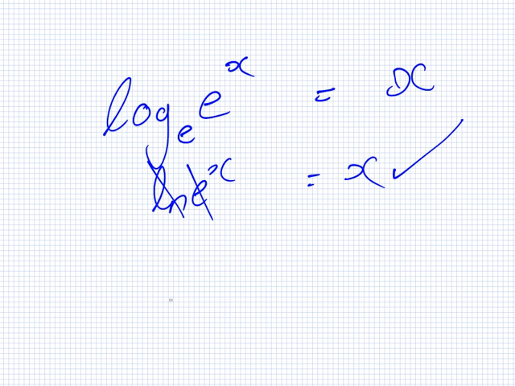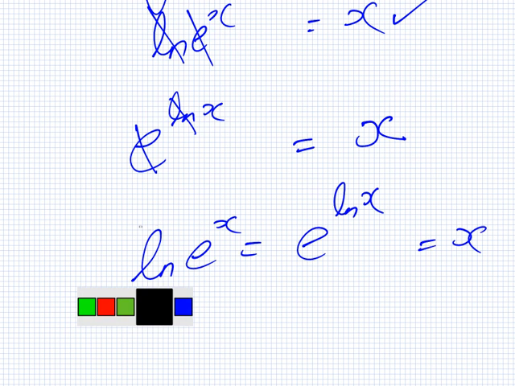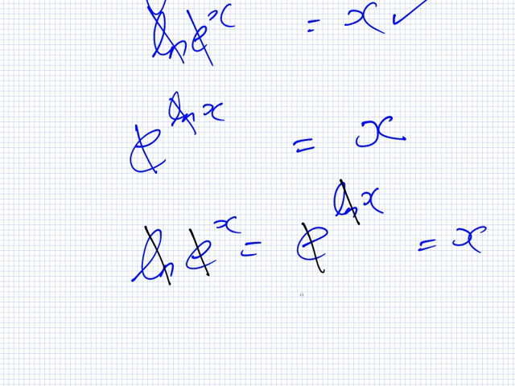And you can also write it the other way as well. You can write e^(log x). What will that equal? Again, that will also equal x, because e and log can cancel. So if you want to think about it like this, you can write down log e^x equals e^(log x), which equals x. Whenever you have a log and an e, they can cancel to leave x.